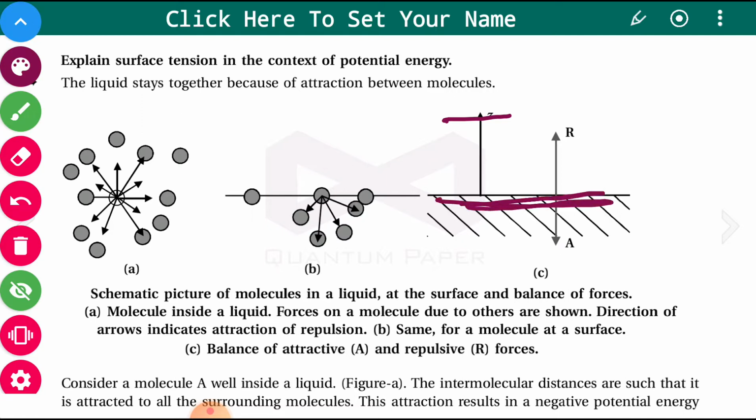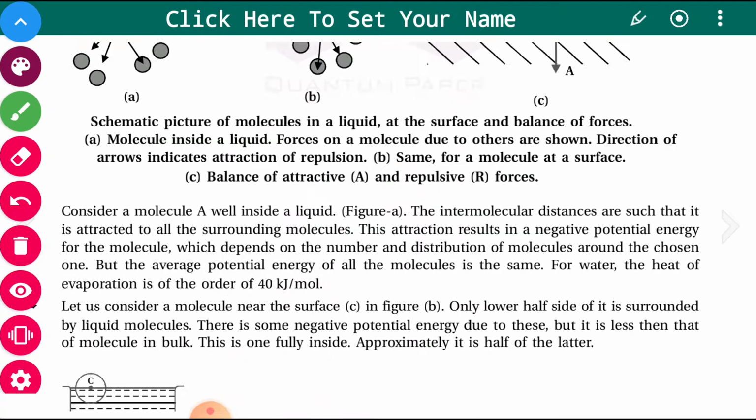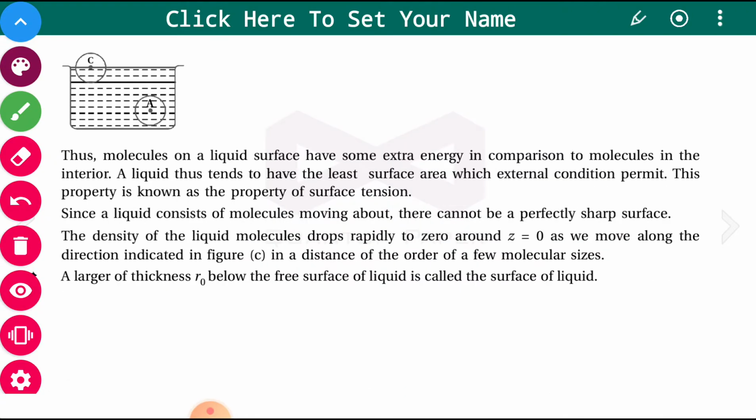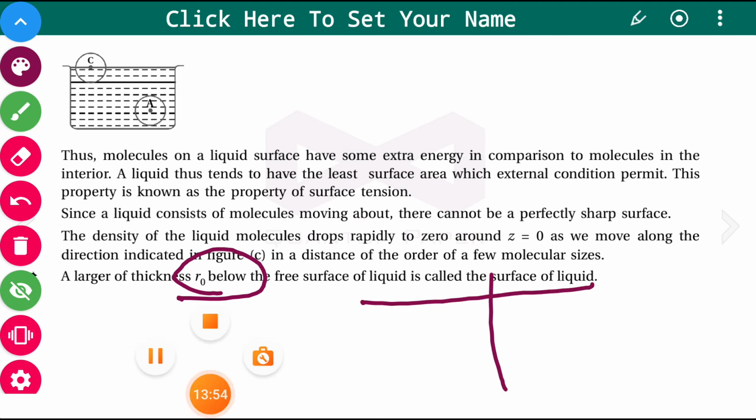On the surface they have very little energy and they may go out. A layer of thickness r0 below the free surface of the liquid is called the surface of the liquid. Okay, thank you very much.